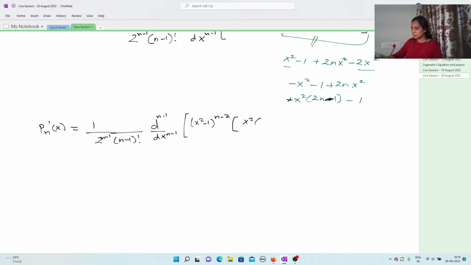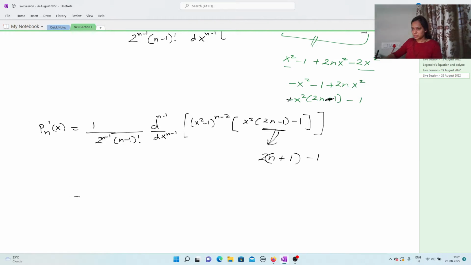x square 2n minus 1 minus 1. Okay, if you see this term, you can also write it as 2n plus 1 minus 1, because this will be 2n plus 2 minus 1, which is 2n minus 1.